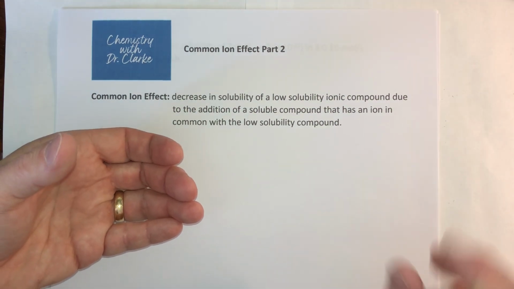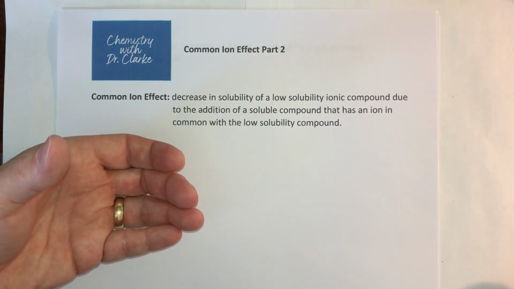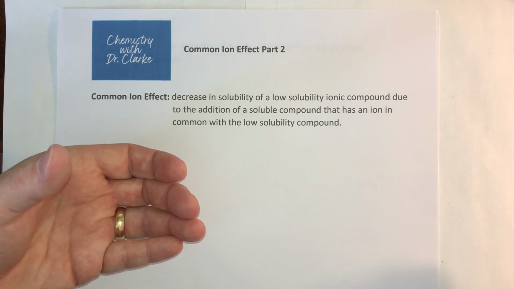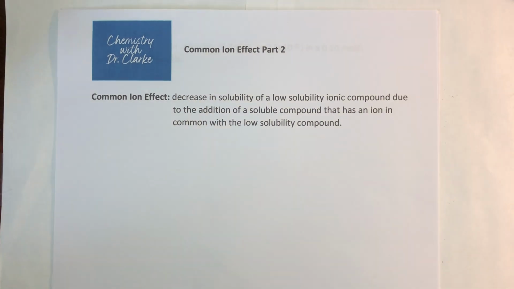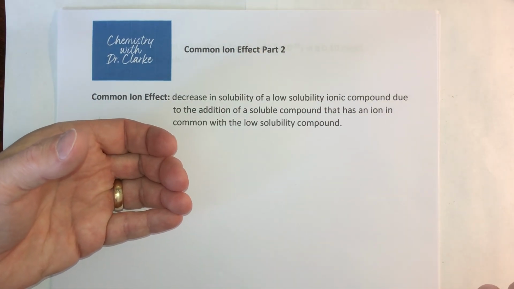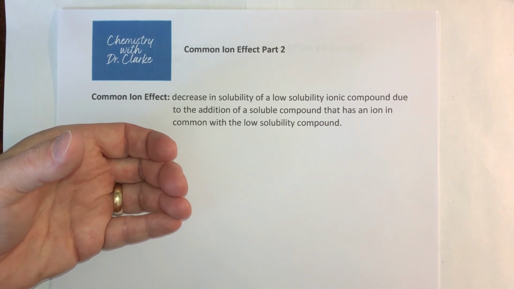Then you're going to add a second compound. The second compound has something in common with the first one. They'll either both have the same cation or both have the same anion. The minute you throw in a second compound with a common ion, you decrease the amount of that first compound that can dissolve.